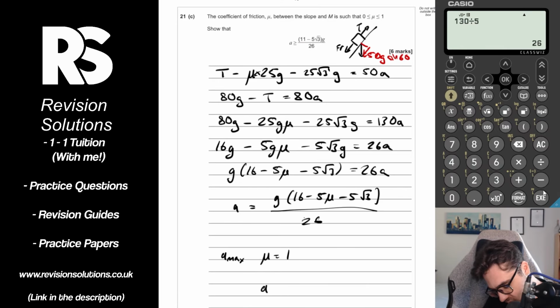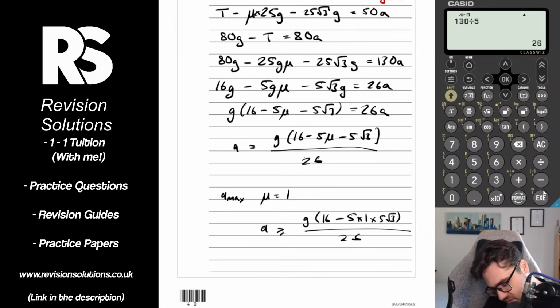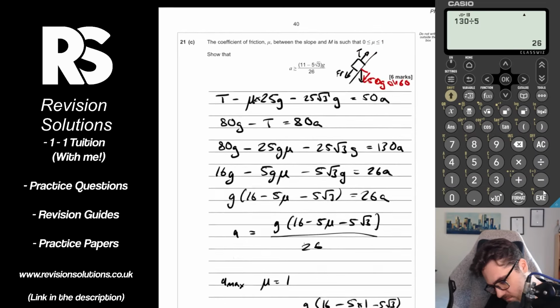So if mu is 1, then we'd know a must be greater than or equal to g times 16 minus 5 times 1 minus 5 root 3 all over 26, which is what they asked us for. A must be greater than or equal to 11 minus 5 root... Sorry, that's a minus sign there. 11 minus 5 root 3 g over 26, which is what they asked for.